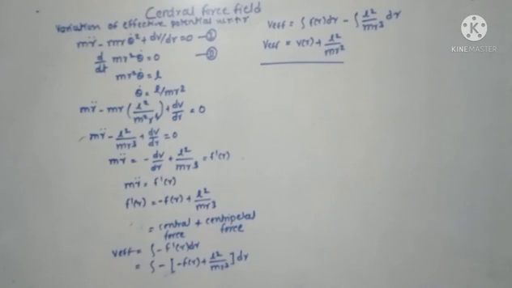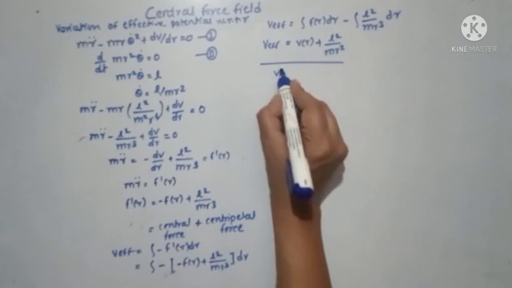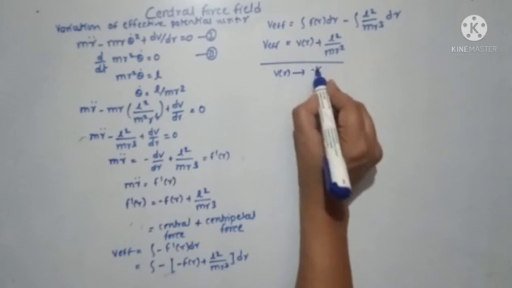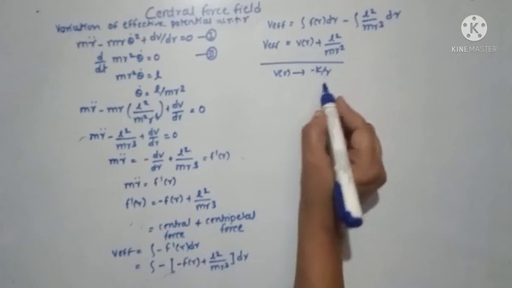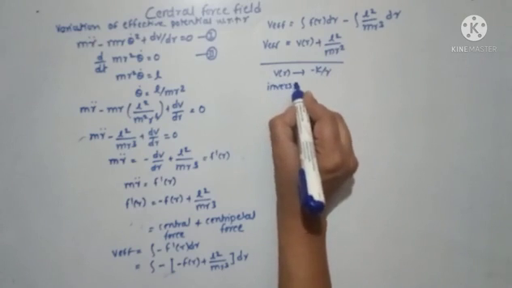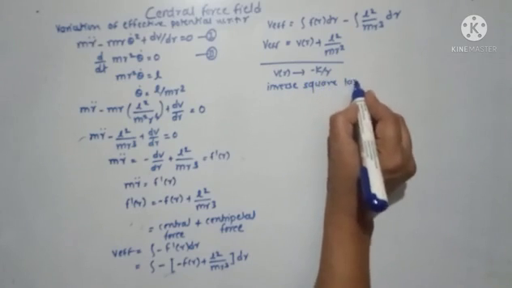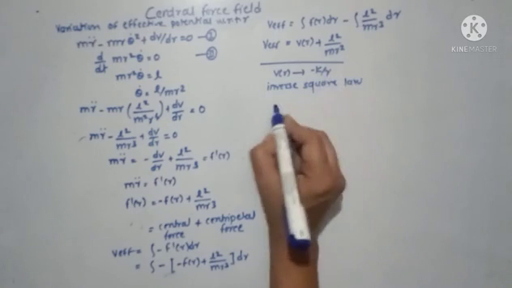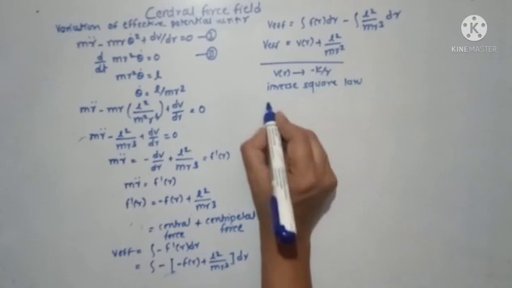Now if I take the gravitational force field, this gravitational potential is a function of minus k by r. So this term can be replaced by minus k by r for the inverse square law. We calculated this in a previous lecture, how this V of r can be replaced by minus k by r.